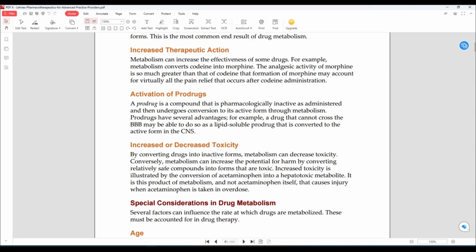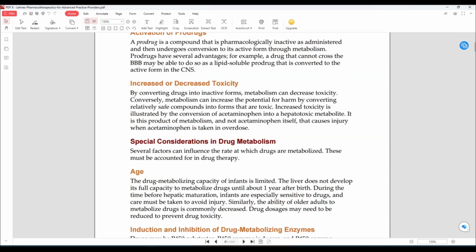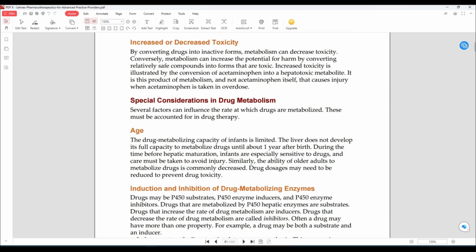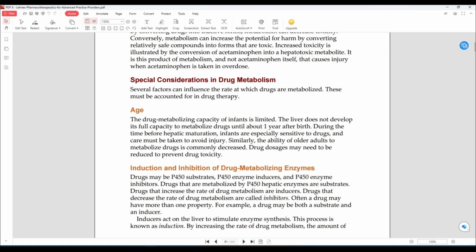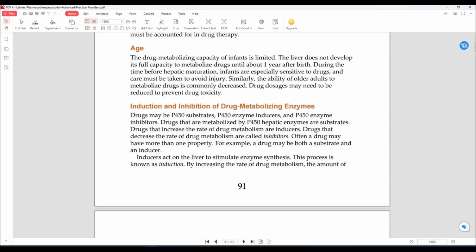A special consideration in drug metabolism. Several factors can influence the rate at which drugs are metabolized. These must be accounted for in drug therapy. The first is age. The drug metabolizing capacity of infants is limited. The liver does not develop its full capacity to metabolize drugs until about 1 year after birth.